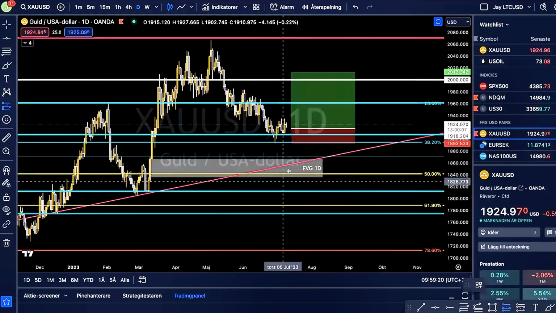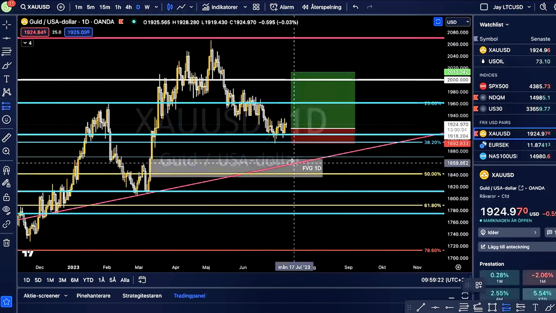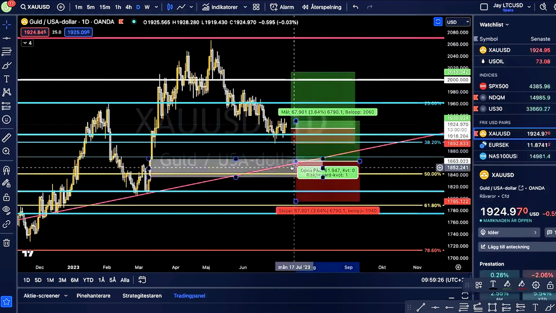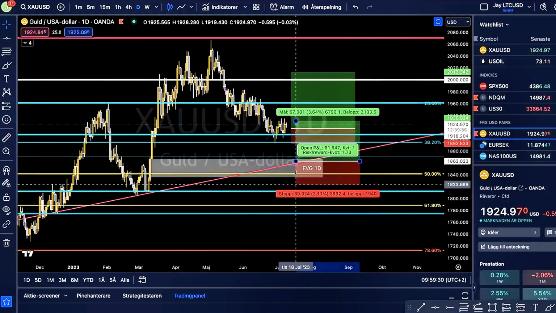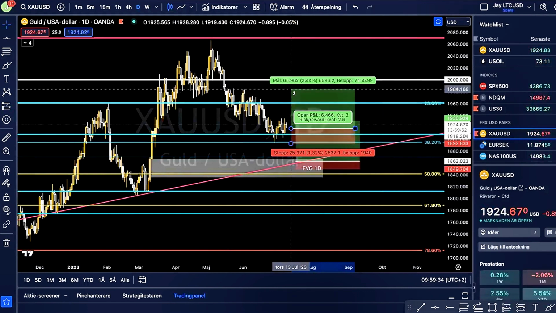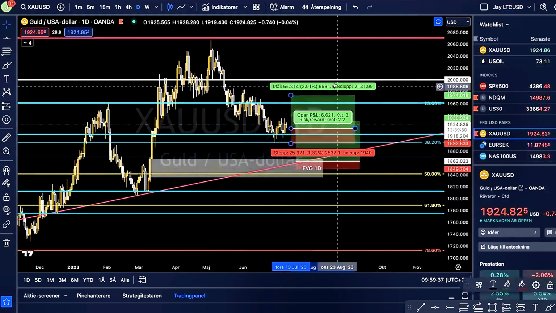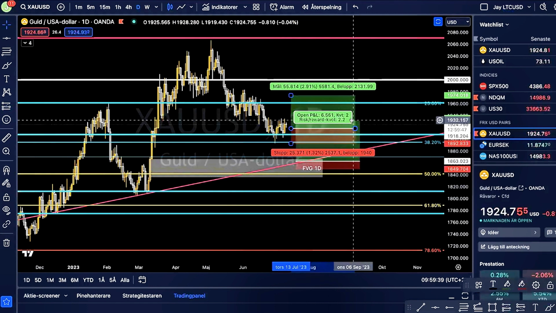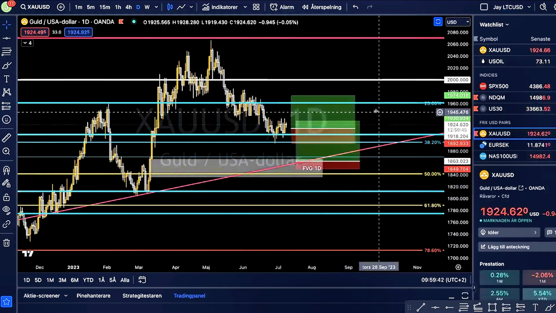So the market might hit just below, but we wouldn't hop in before, yeah, we are above the trend line again, showing that the trend line is supporting the market, the price. So that's kind of how we would go. Let's see.